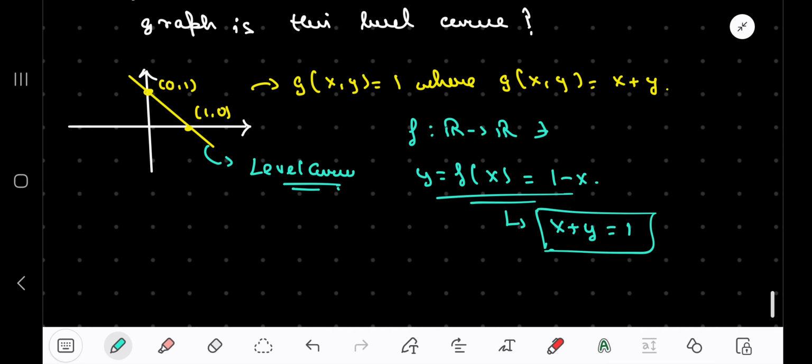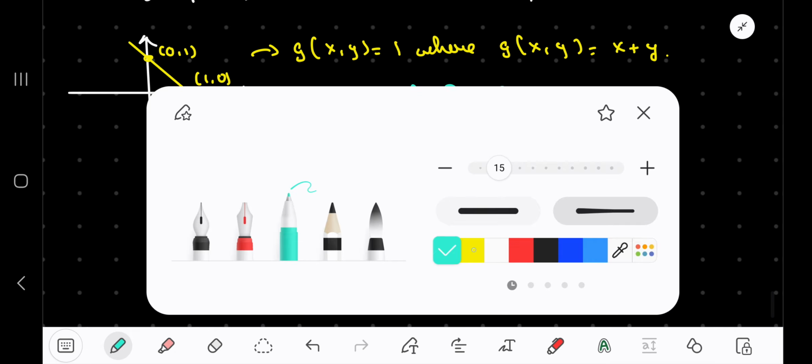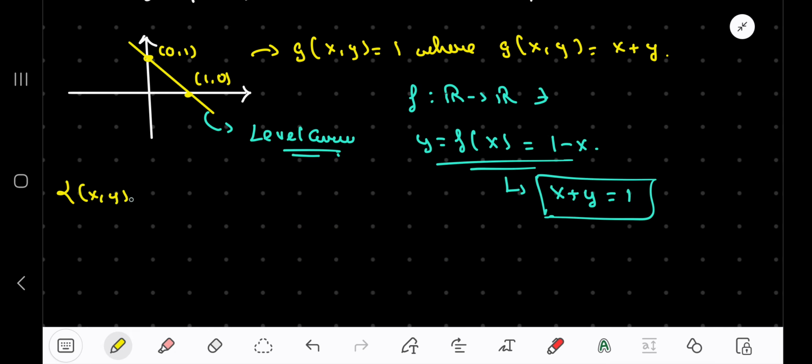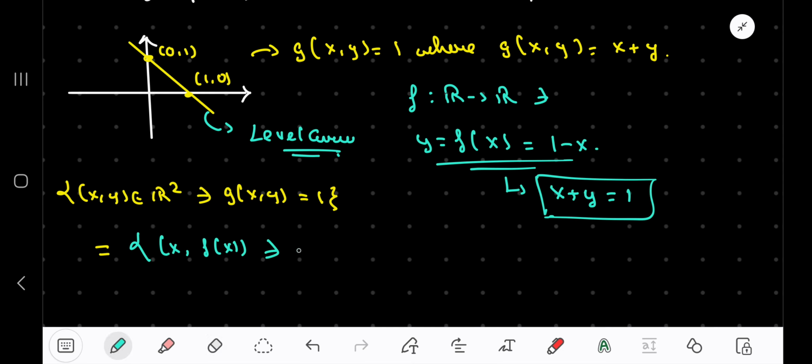So this level curve, which was geometrically the collection of all points (x, y) in R2 such that g(x, y) = 1, is exactly equal to the graph {(x, f(x))} such that f is a function from R to R, given by f(x) = 1 - x.